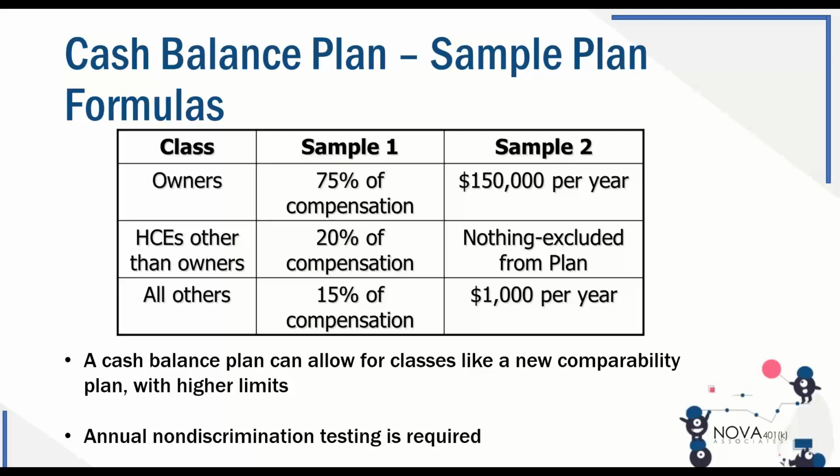HCEs that aren't owners are excluded, and that's very common practice. We do that to avoid the commitment that comes along with putting them in the cash balance plan. So for instance, if the owner wants to give her spouse a benefit in, say, a $20,000 benefit every year, we would recommend that they do that in the profit sharing plan, and have that spouse excluded from the cash balance plan.